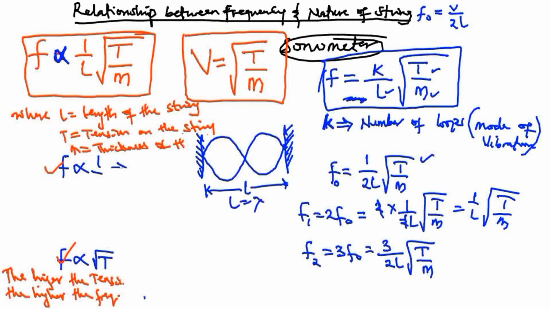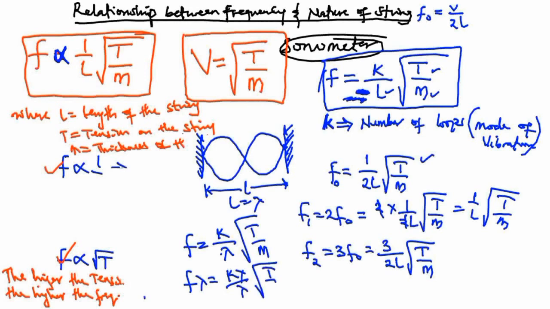So for a full wavelength, this can simply become f is equal to k over lambda, because L is equal to lambda, the square root of T over M. Now, if I multiply both sides by lambda, I'm going to have f lambda is equal to k lambda over lambda, the square root of T over M. So lambda can go with lambda, right?